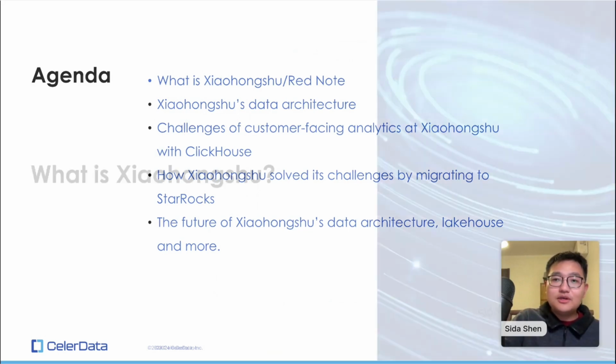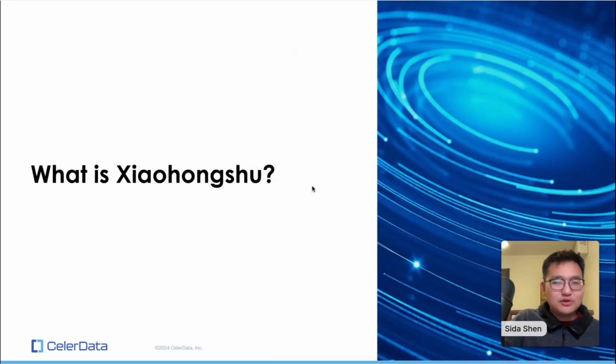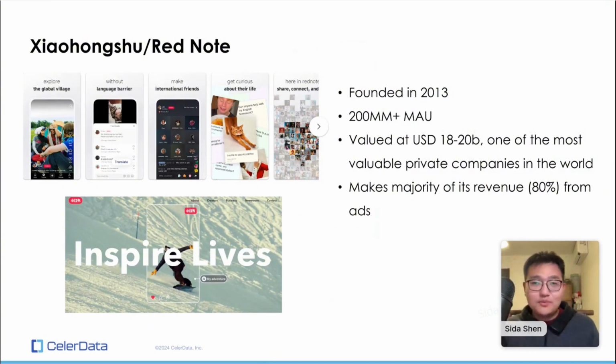So first, what is Xiaohongshu? What are we talking about here, right? So Xiaohongshu, I think it got a little bit of attention in the previous month, right? Because TikTok was getting banned, and a lot of TikTok users, or TikTok refugees, were flowing into Xiaohongshu or RedNote, right?